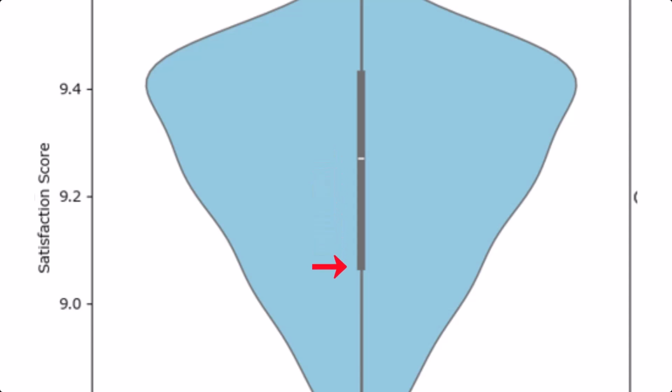The bottom edge of the box is called the first quartile. This means 25% of employees have a score below this value. The top edge denotes the third quartile, which means 75% of employees have a score below this value.